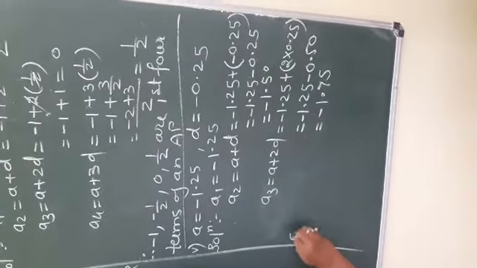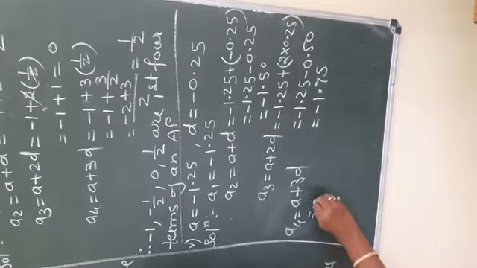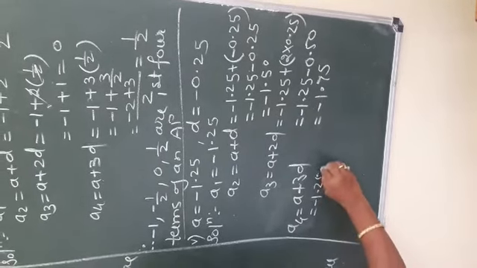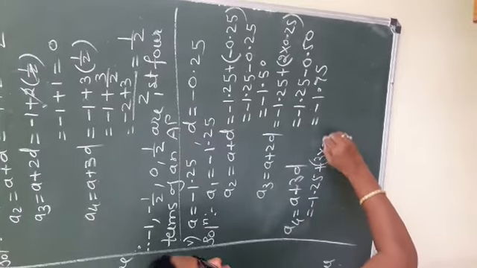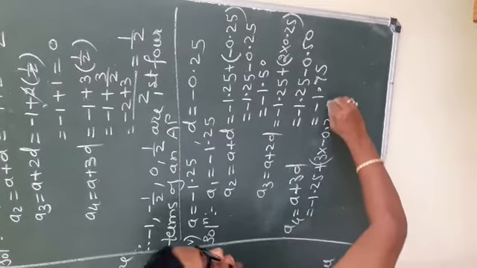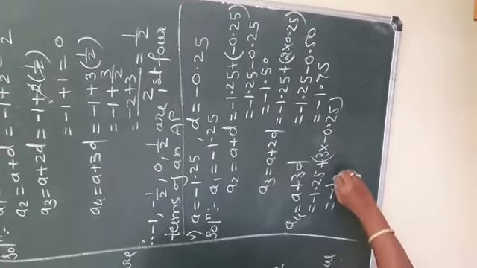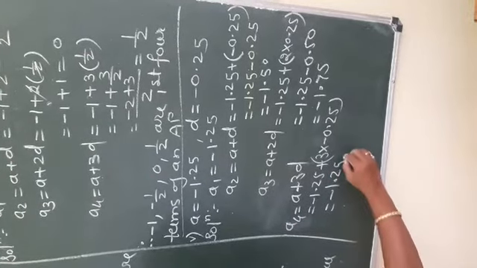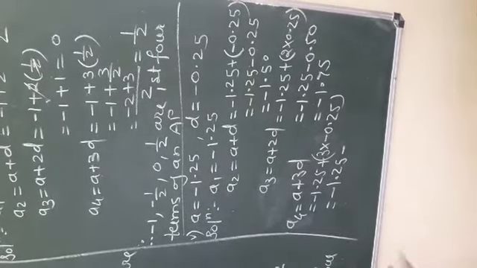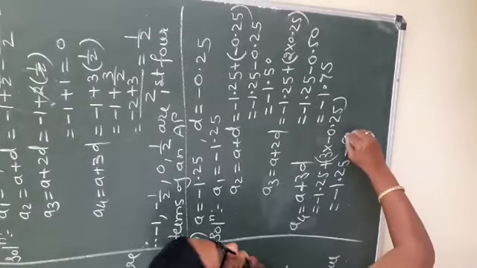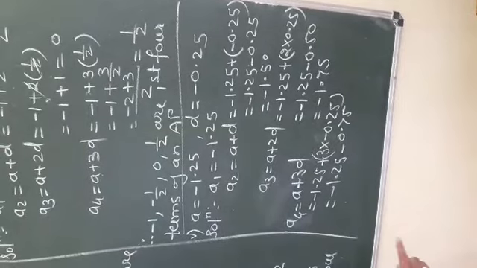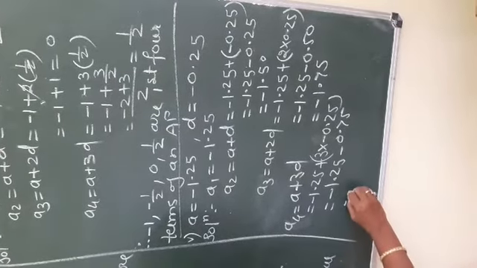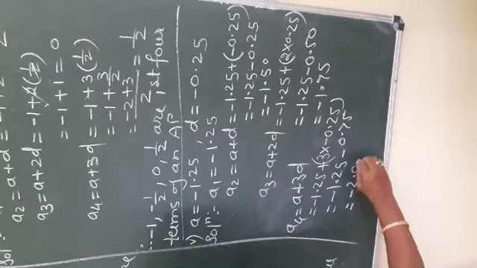A4, I have to find A plus 3D. A plus 3D means -1.25 plus 3 into -0.25. So we will get -1.25, plus into minus, minus 0.25 into 3 is 0.75. And -1.25 minus 0.75 is nothing but -2.00.